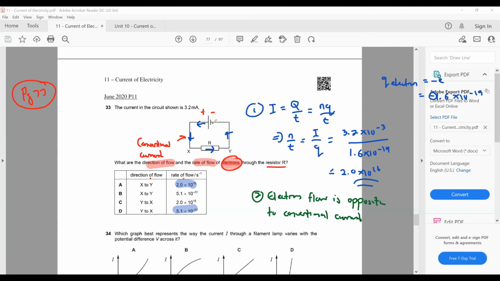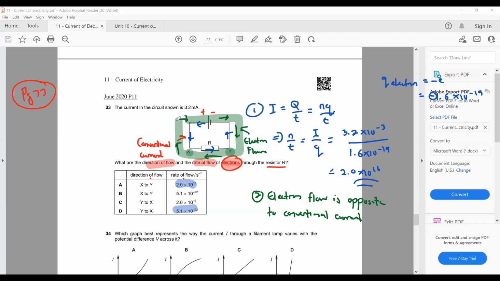So rather than flowing counterclockwise like this, electron is supposed to flow like this. This is electron flow. So it's supposed to flow from Y to X instead.